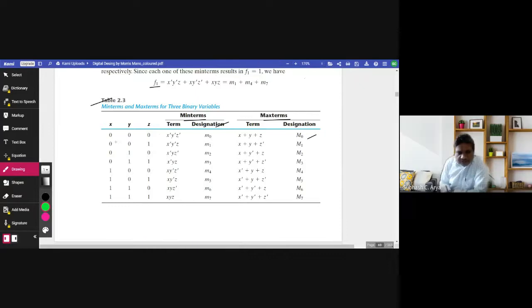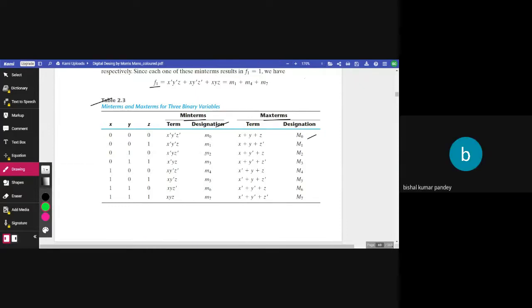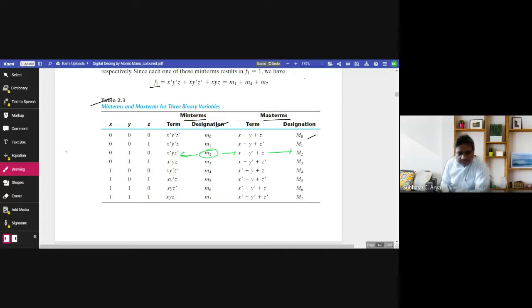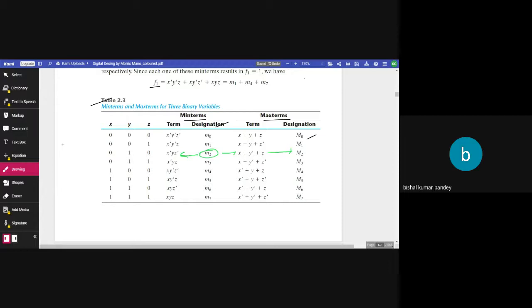Sir, if someone writes the order in a different manner, will we have the same designation or a different one? For example, for x we first write four zeros then four ones, and for y we write two zeros, two ones, alternating.